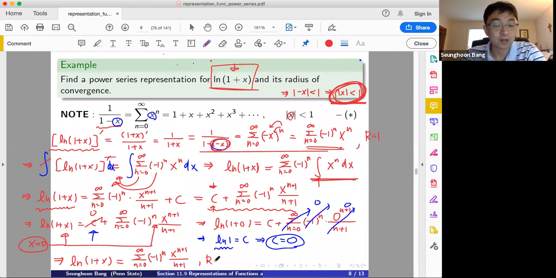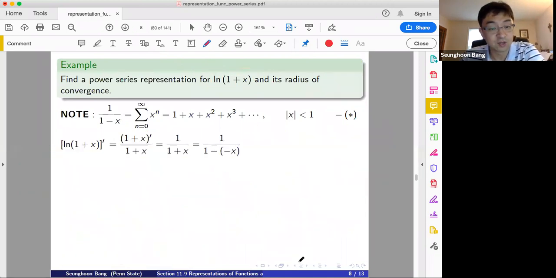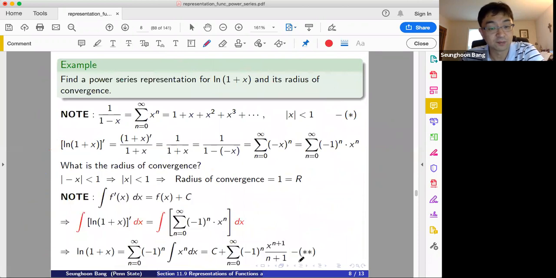What is the radius of convergence? The original one has radius of convergence 1. When you take the integral, the radius of convergence doesn't change, it is just 1. So this is the whole idea for solving this problem. The procedure is like this.